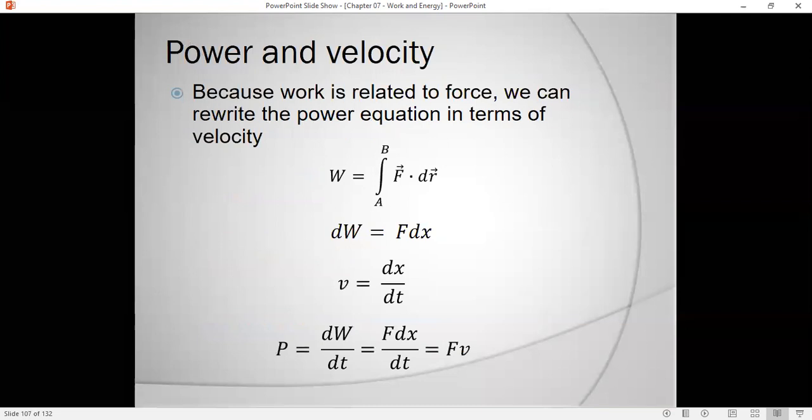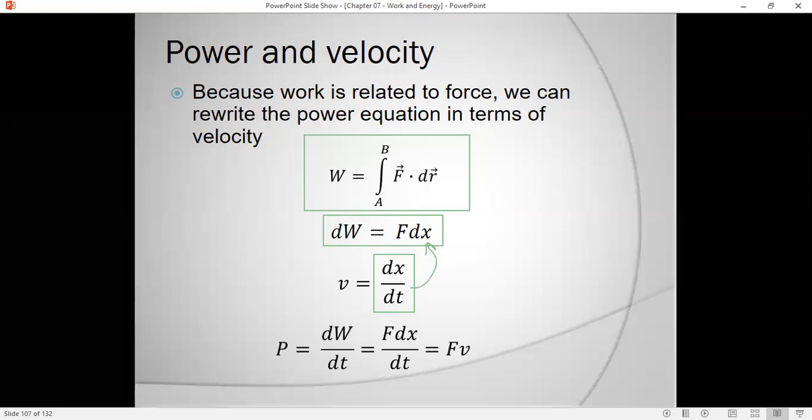Again, we can show where that power, force, and velocity equation came from. We'll start with our original equation for work, okay? If we put it in its differential form, sorry for you non-calculus mathletes out there, it takes this form right here. We know that velocity is dx over dt, so I'm going to substitute that in right here.